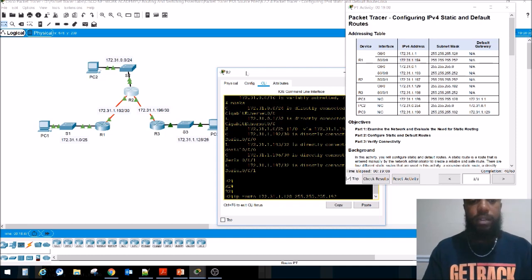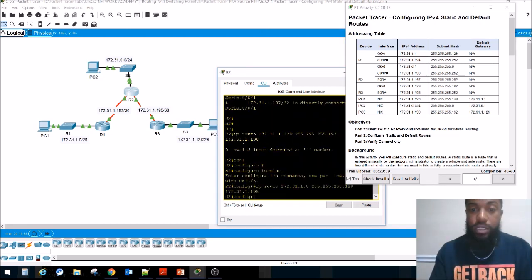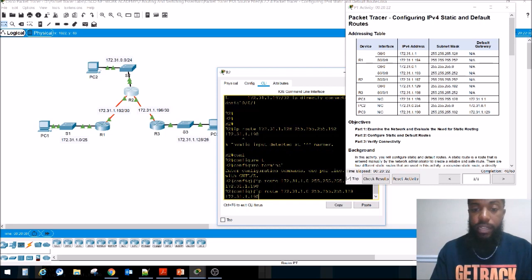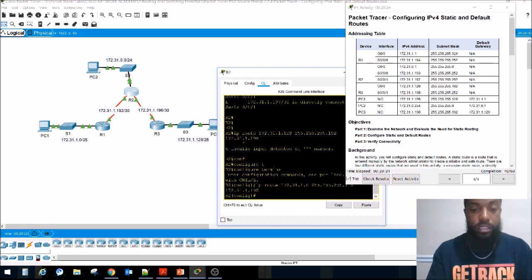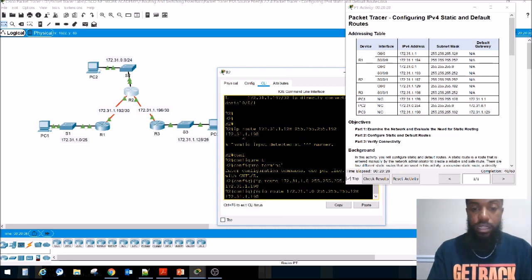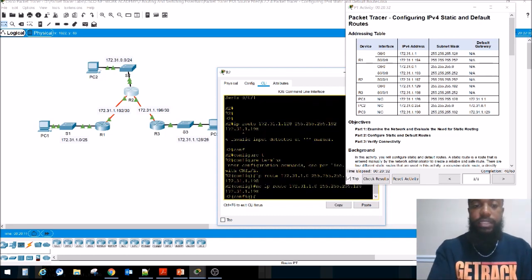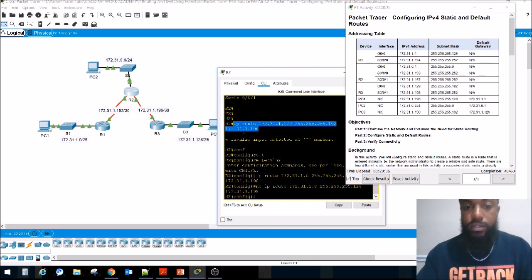Take the next hop of 172.31.1, router 3's serial interface, which would be this guy. That's wrong. I meant the 31.128 network. My bad. Let me go back to router 2. What I meant to say was that guy. Let me copy this guy again. That was this route.